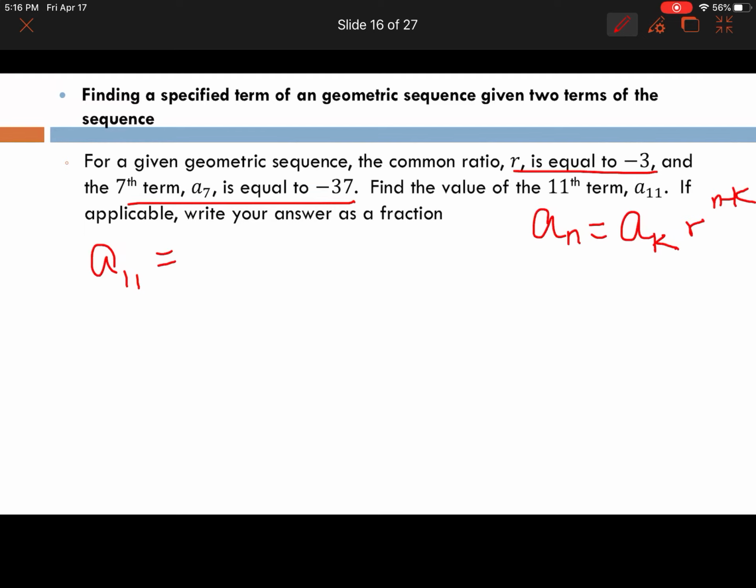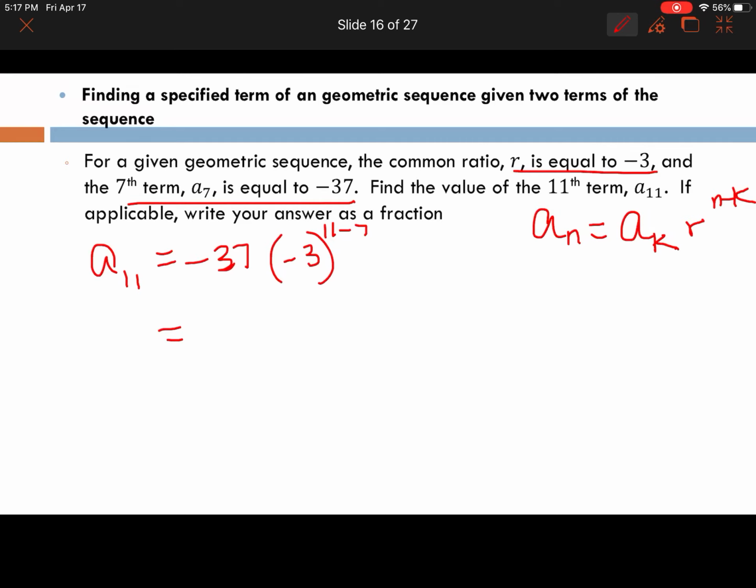Okay, so we take a sub 11 equals a sub k, so that's the 7th term, negative 37, times r, which is negative 3, to the n, which is 11, minus 7, which is our k.